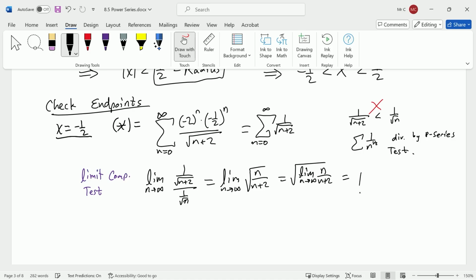And that limit is going to be 1. So what does that tell us? This is positive and finite. So both series diverge. We already knew that 1 over n to the 1/2 power diverges by the p-series test, so this one also diverges by the limit comparison test.